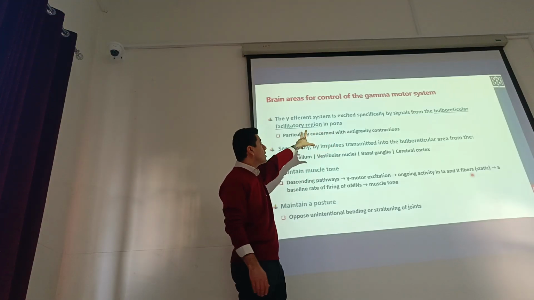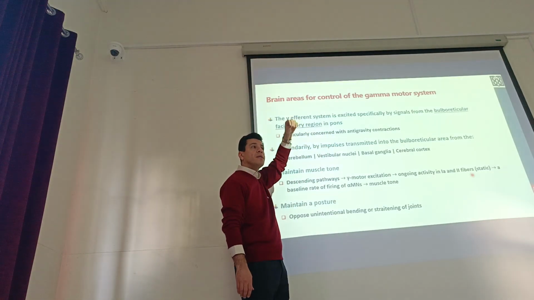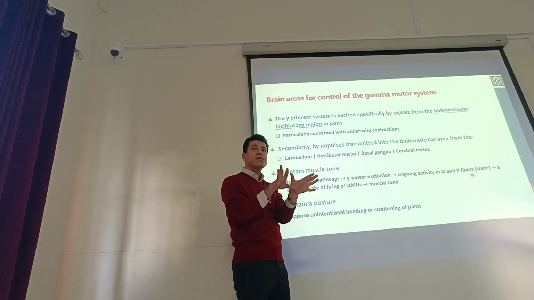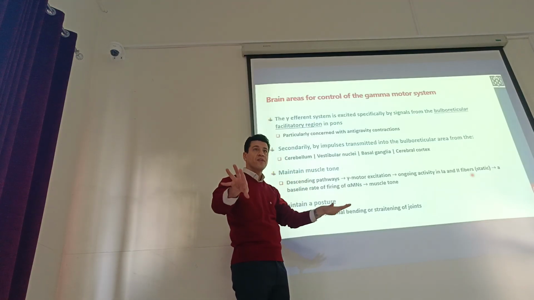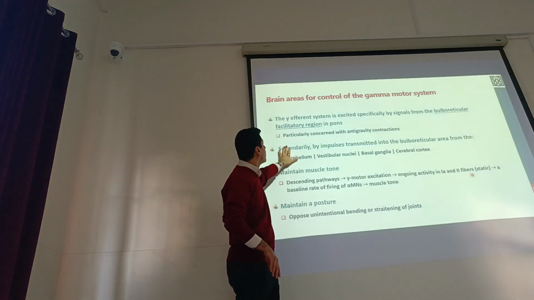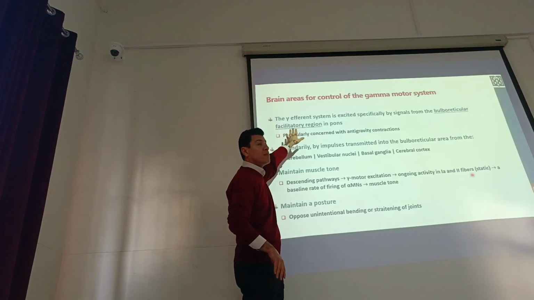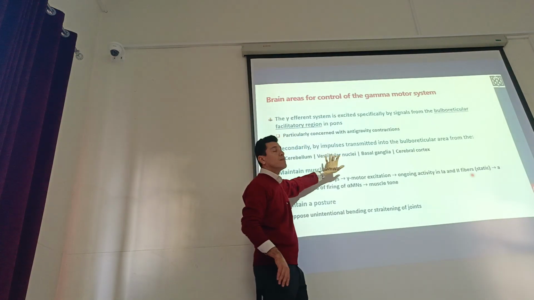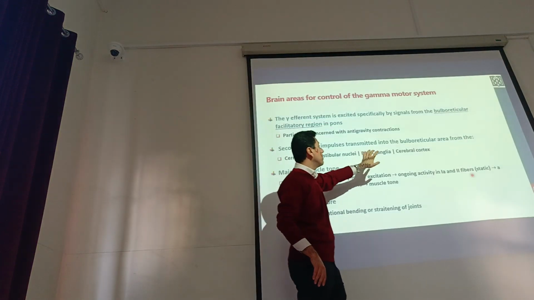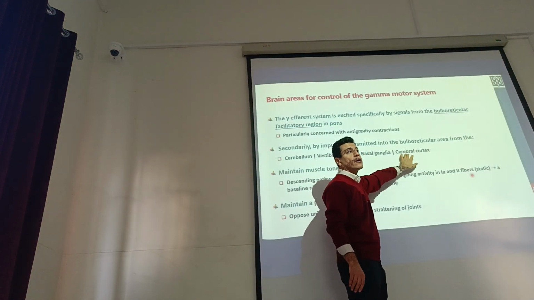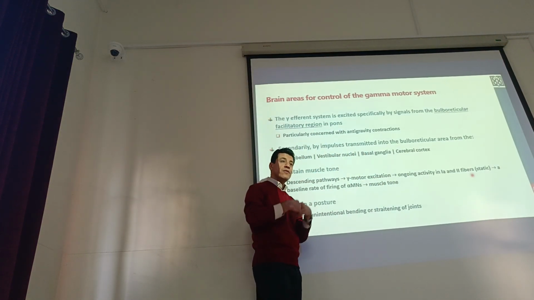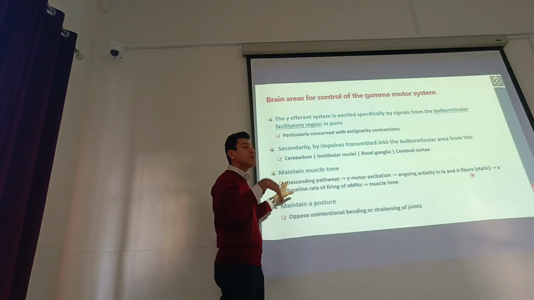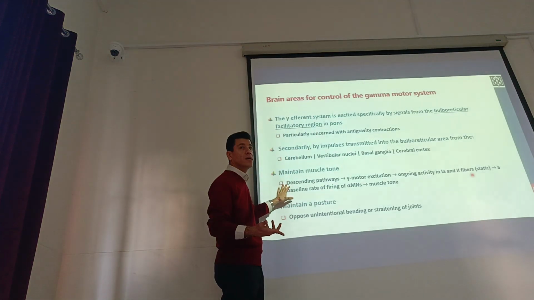So, neurons that originate from here go down through the spinal cord and reach the neurons that are involved in a stretch reflex, right? The neurons located in the pons are activated by the cerebellum, vestibular nuclei, basal ganglia, and cerebral cortex. So they are activated. Then they go to the spinal cord.